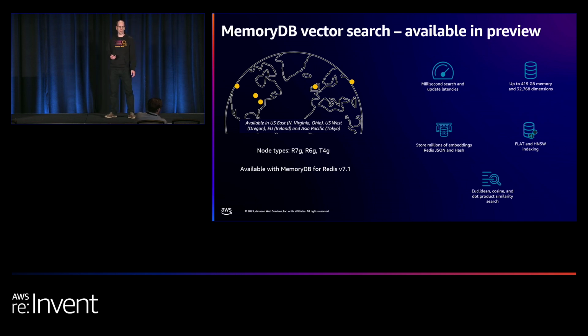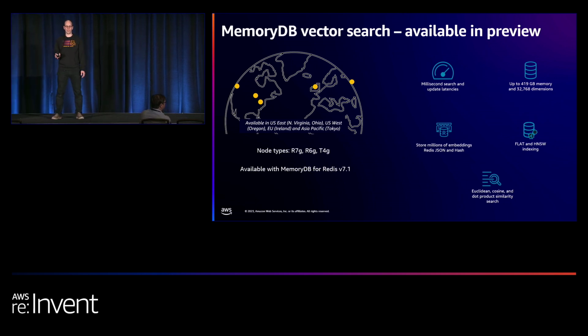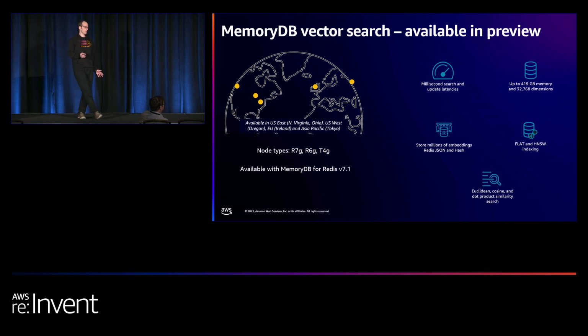We designed our preview scope in such a way so that you can get familiar with the shape of our vector API and its performance profile. You can expect that things will improve beyond what's available in preview. You can use the preview today in 5 AWS regions at no additional cost. You'll see more when I talk about getting started in a few minutes.